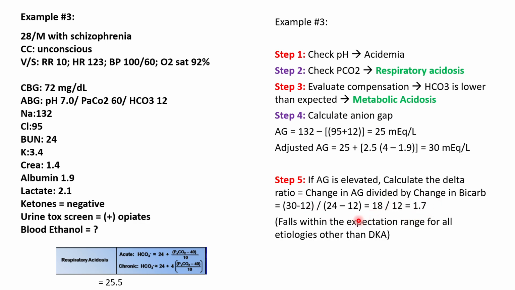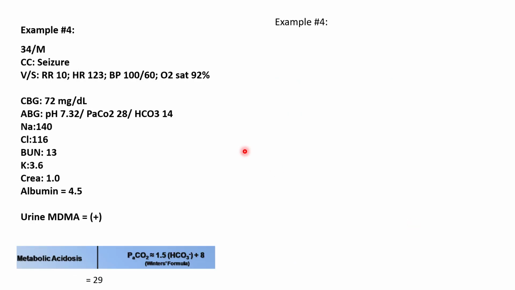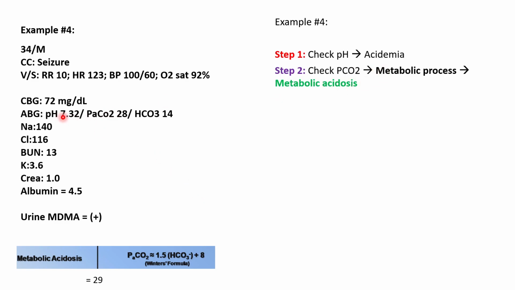Compensation, the bicarb is 12. Is it appropriately compensated? Using the respiratory acidosis formula for compensation, I think you might have the same result, 25.5. So the bicarbonate is lower than expected. So metabolic acidosis. So aside from respiratory acidosis, you have metabolic acidosis. Since it is metabolic acidosis, you proceed to step 4, the anion gap, and the anion gap is elevated.